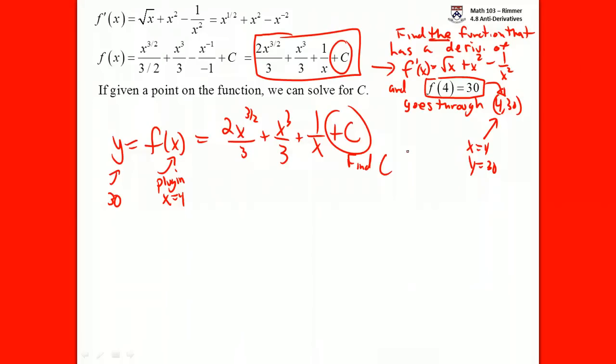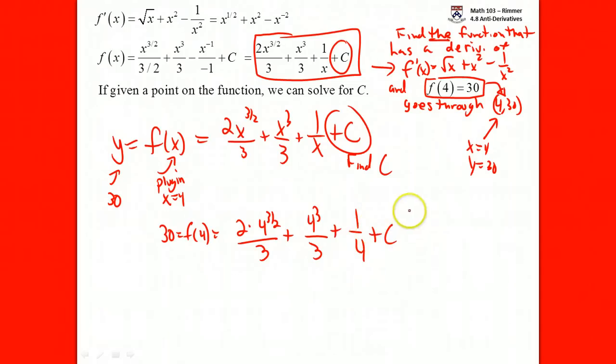So can you do it? Take f of 4, 30, which is equal to f of 4, is 2 times 4 to the 3/2 over 3, plus 4 to the 3 over 3, minus 1 over 4, plus C. Your job is to do some algebra.